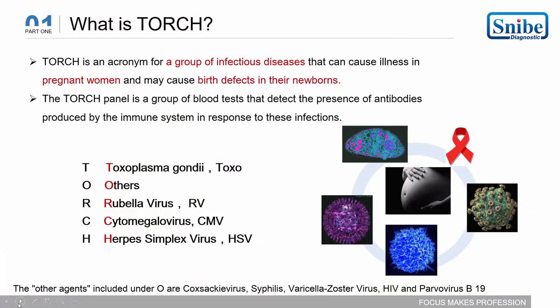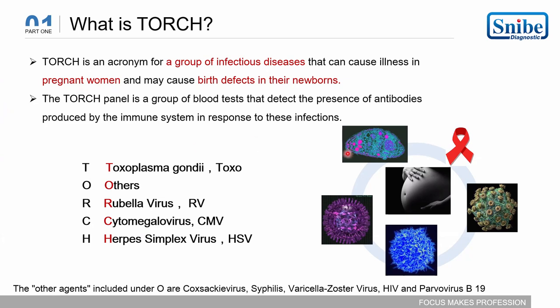What is TORCH? TORCH is the acronym for a group of infectious diseases that cause illness in the pregnant woman and, usually during birth, can produce defects in newborn babies.